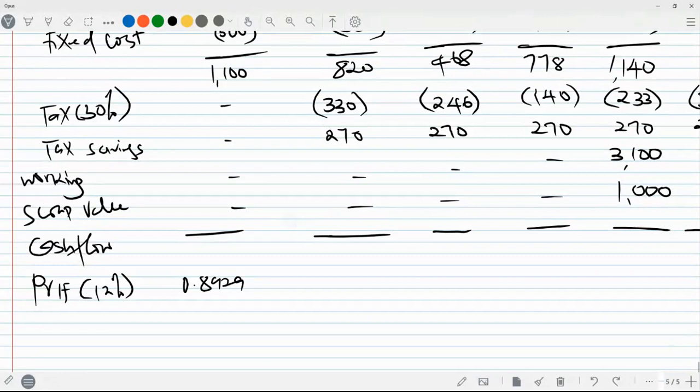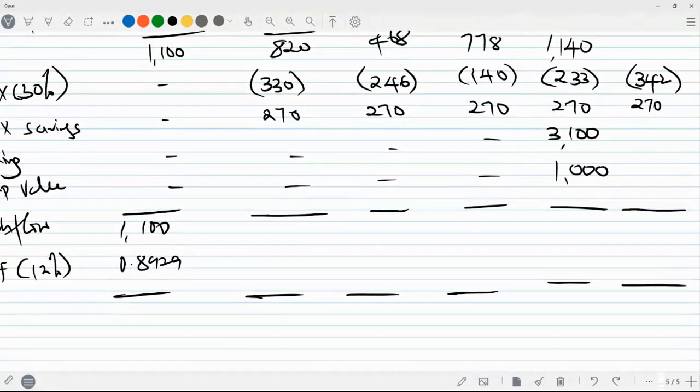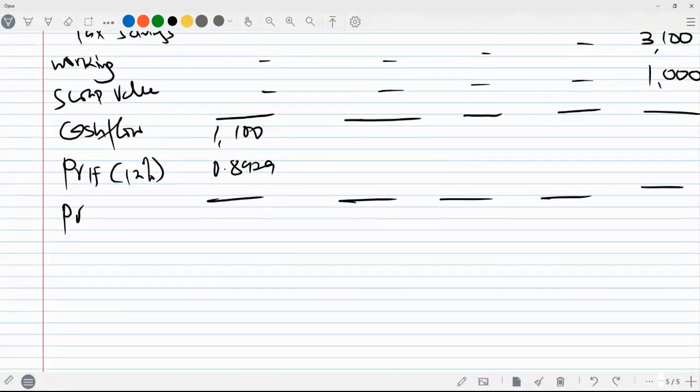Cash flow times the present value interest factor gives us the present value for each year. Then you get the sum of the present value of cash flows.